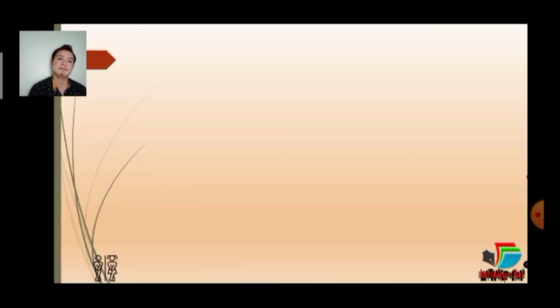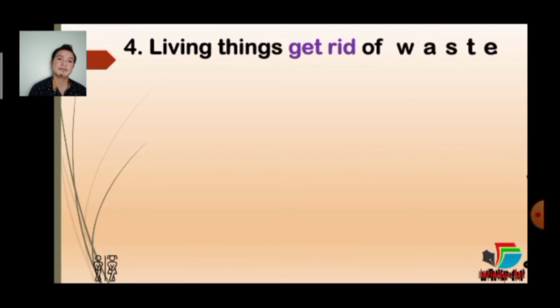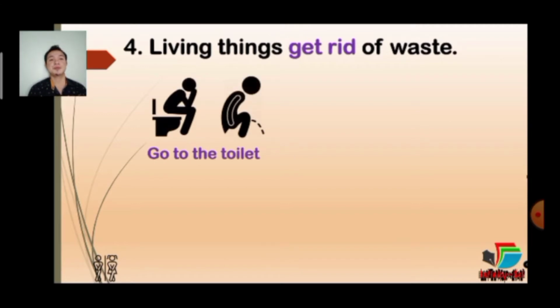Okay, let's move on to the next characteristic. Living things get rid of waste. Here, getting rid of waste means going to the toilet. When you go there, you go to pee in the toilet.